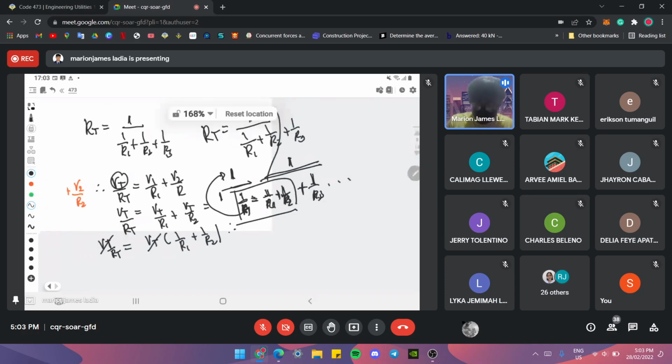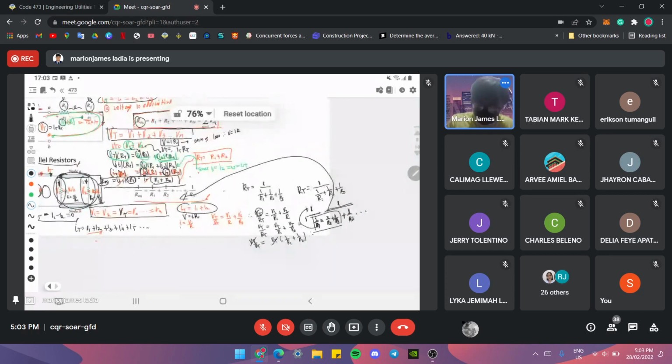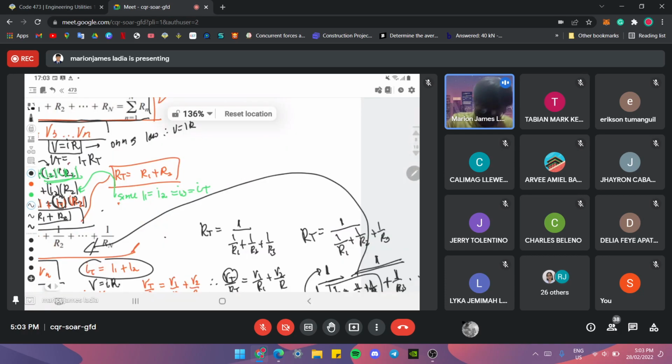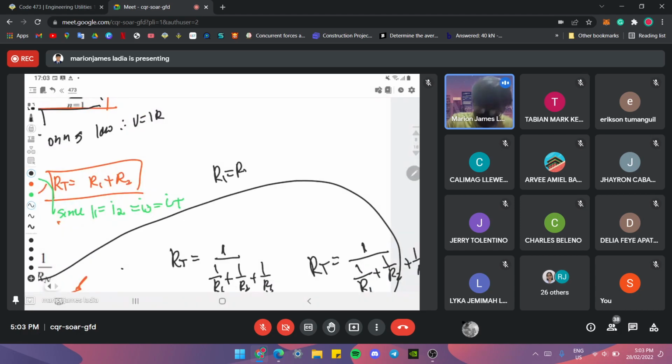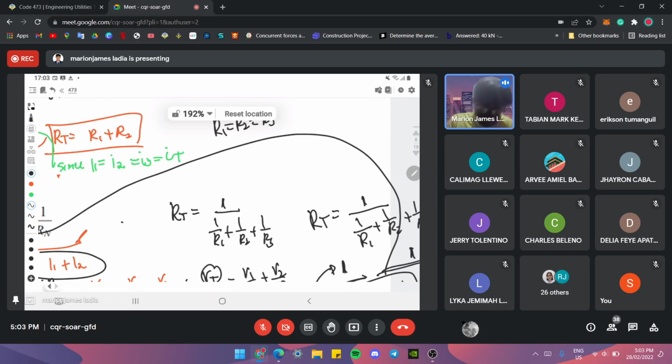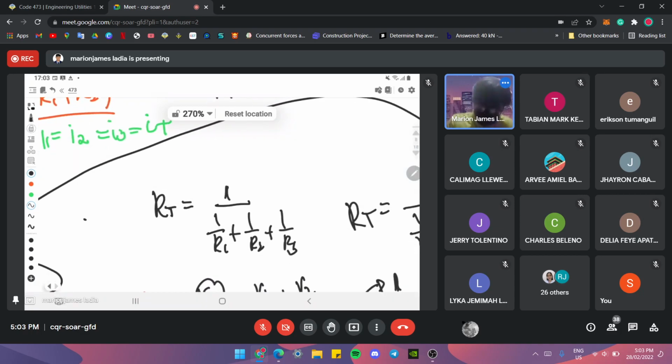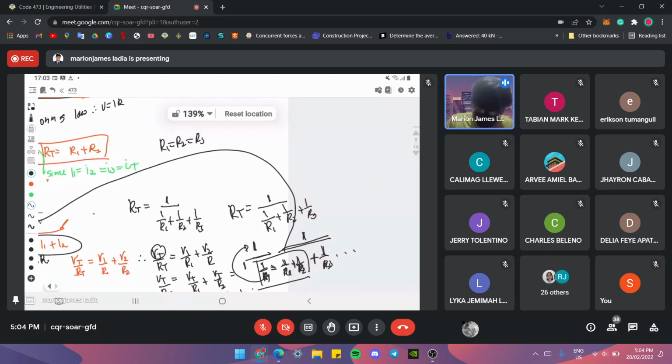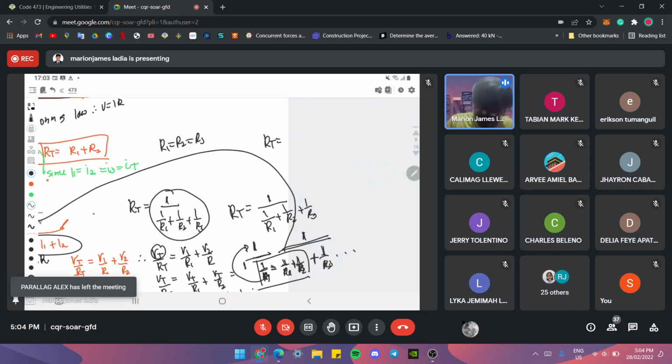Sir, paano pag parehas yung R1, R2 at R3 ko? So how about if R1 is equal to R2 is equal to R3 at may parallel? Ang mangyayari niyan, ang maging formula mo is that R total is equal to 1 all over 1 over R1 plus 1 over R1 plus 1 over R1.